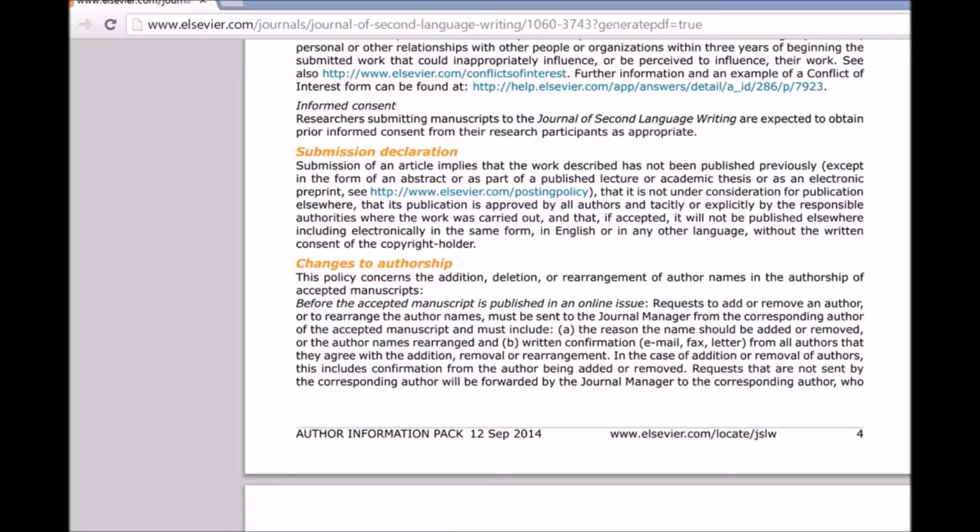Does it mean that it was published in a proceedings, given at a conference? Journals just vary a great deal. This journal, I don't think, is really primarily focused on publication elsewhere. But other journals might have a much more narrow definition, or a much more expanded definition of what pre-publication means.